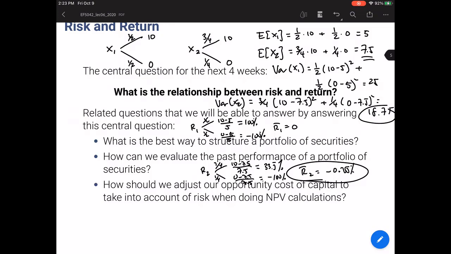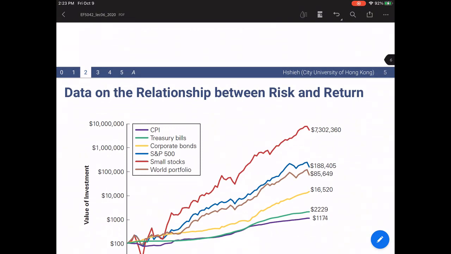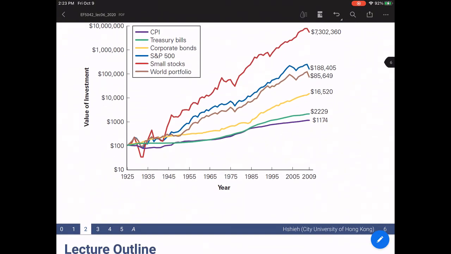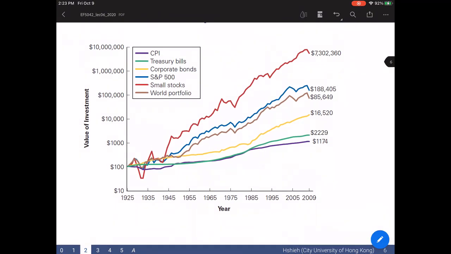So let's look at some data of what this risk-return relationship looks like for an array of different assets. On slide 6, I give you 6 different assets or asset classes. The purple line is CPI, or the Consumer Price Index. That's just the inflation.